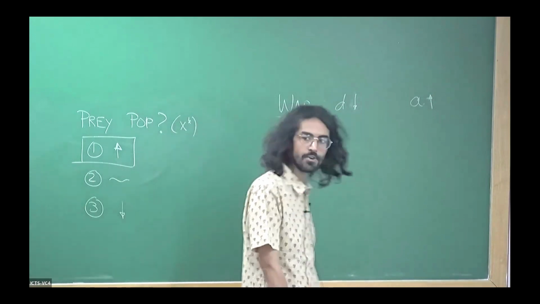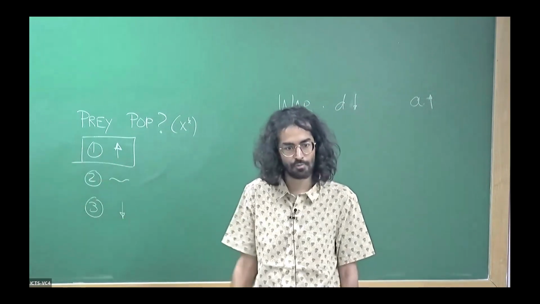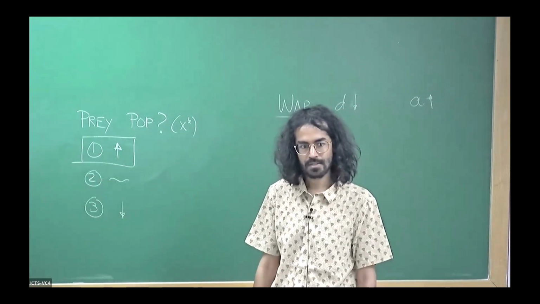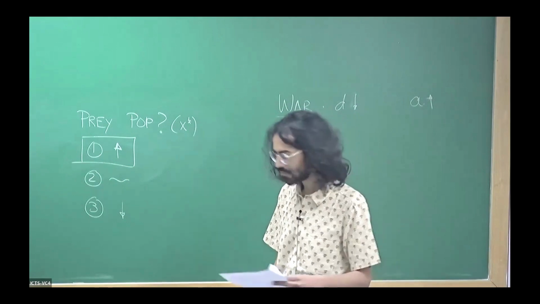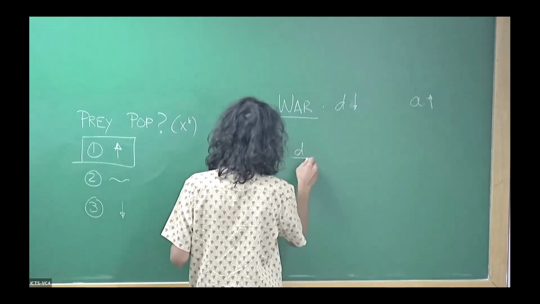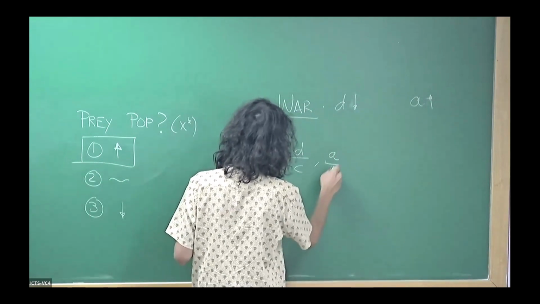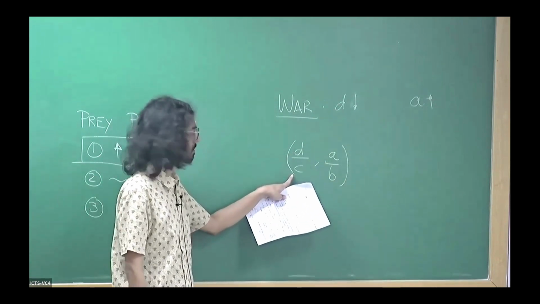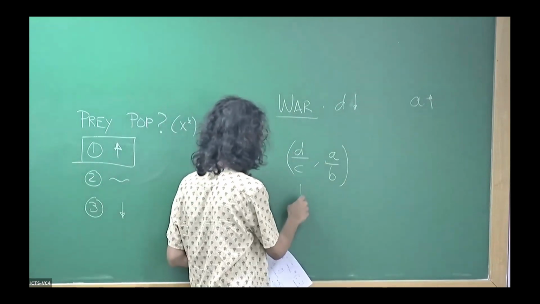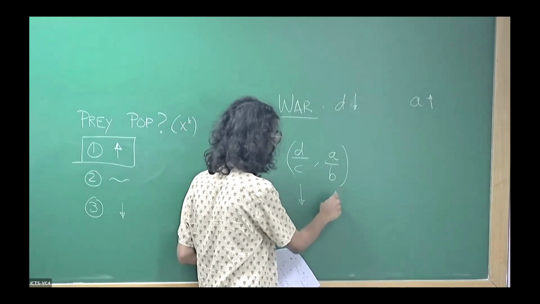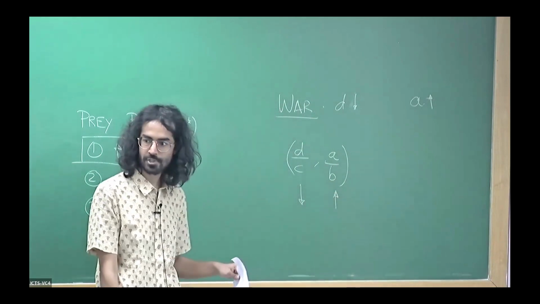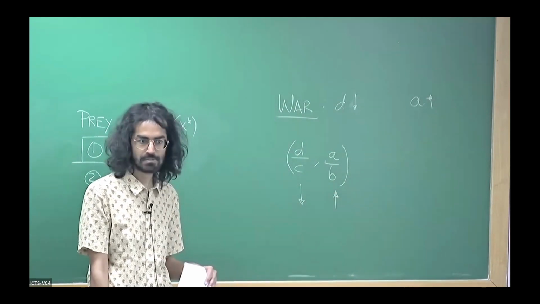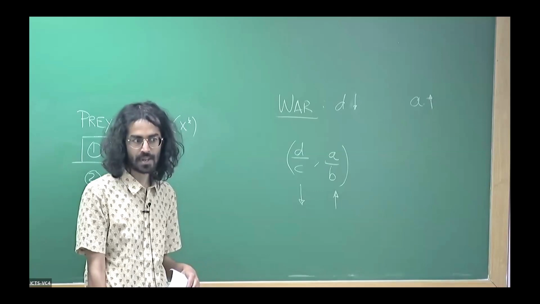And so what does that do to our fixed point over there? To remind you, our fixed point is D over C, A over B. So what happens to this? It goes down. This one goes up. And so what happens to the ratio of predator to prey? It increases, right?